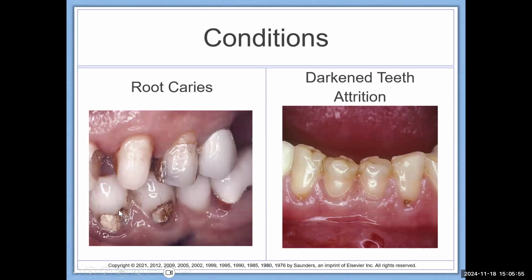Now, I don't have an explorer to touch these areas, but more than likely, or could be, rather, I shouldn't say more than likely, these are caries or deep staining. And you can see even a little bit of a fracture line in this patient. Look at the darkened restoration of this area on the tooth. And look at these darkened teeth, or attrition. So with time, as we get older, we do get darkened teeth. And this is a typical example. You can also see the wear facets on the incisal edges.